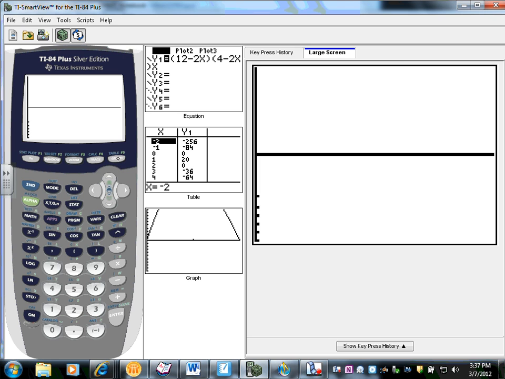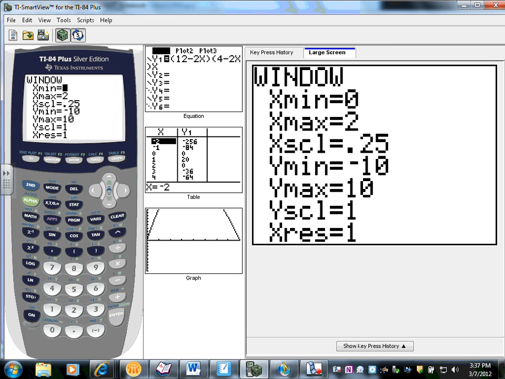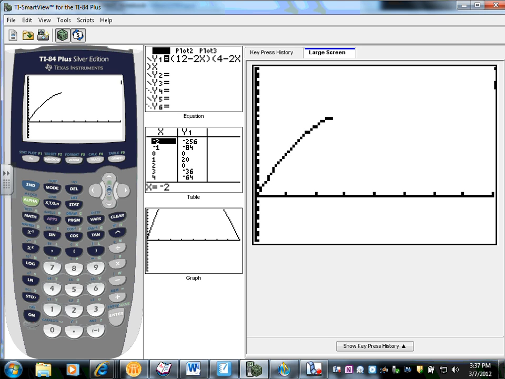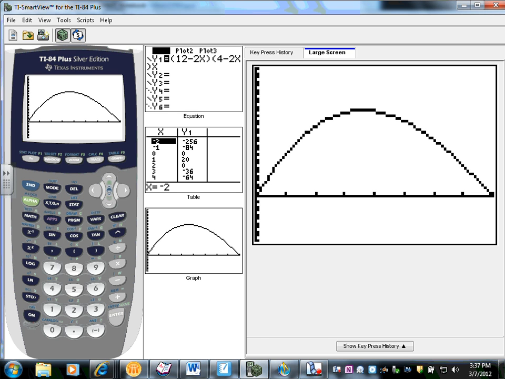Now let's look at the graph. I still can't see all of it at the top, so I'm going to expand my y max, go back to my window. Try my y max maybe at 30. Graph again. Now I've got a nice graph to look at.